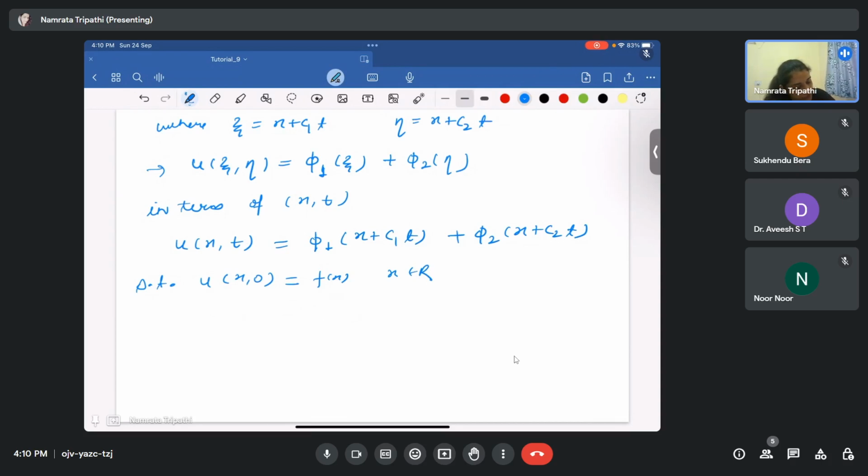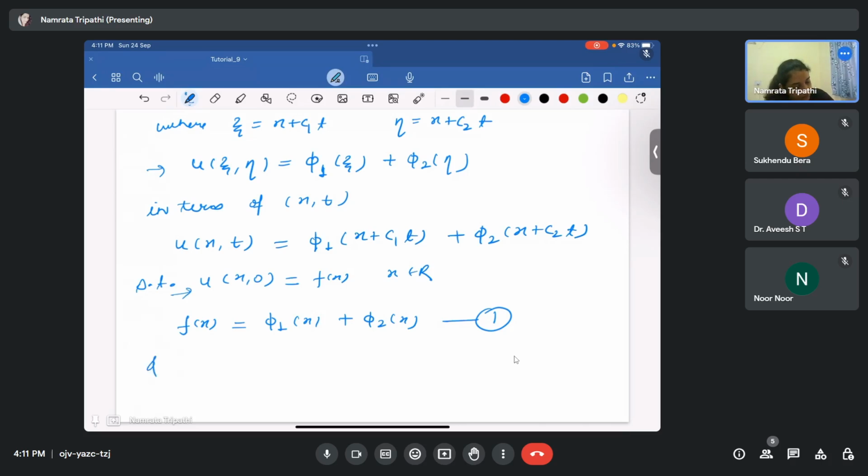After using this, put the value of t equals 0, then u of x comma 0 is f of x, and phi 1 x plus phi 2 x. Fine. After applying this initial condition, you will get the expression. Let's say this is equation 1.